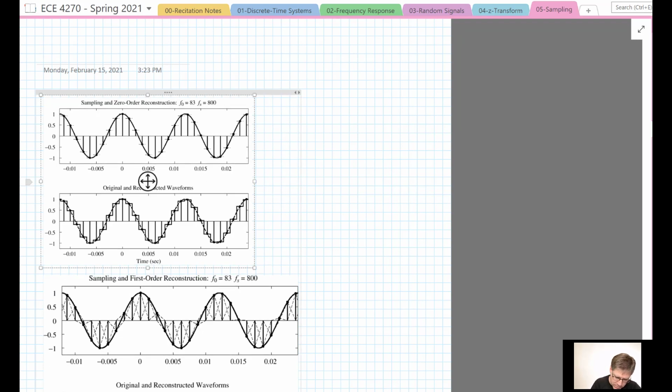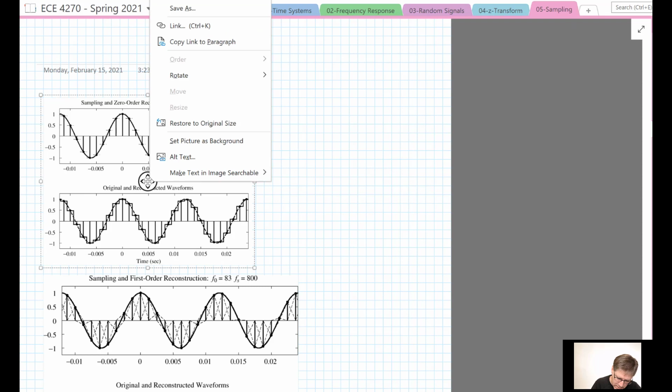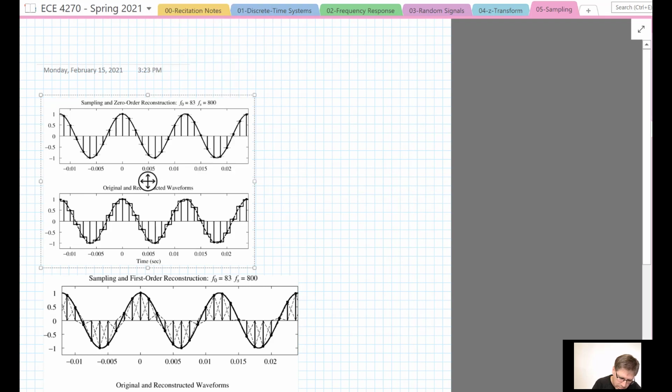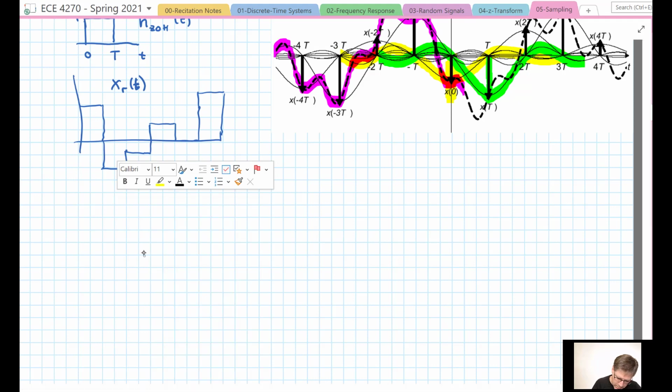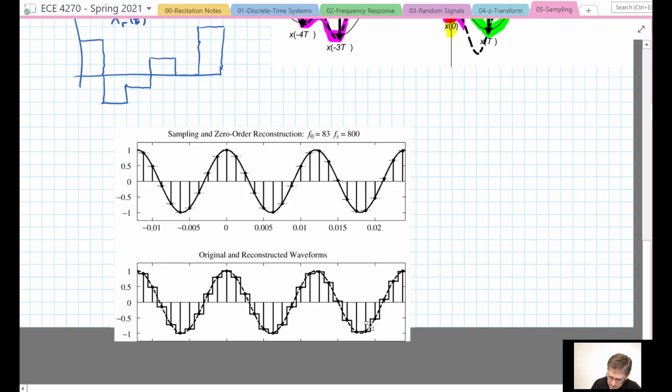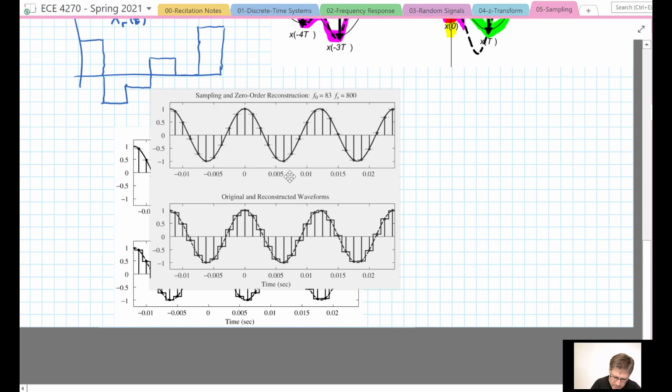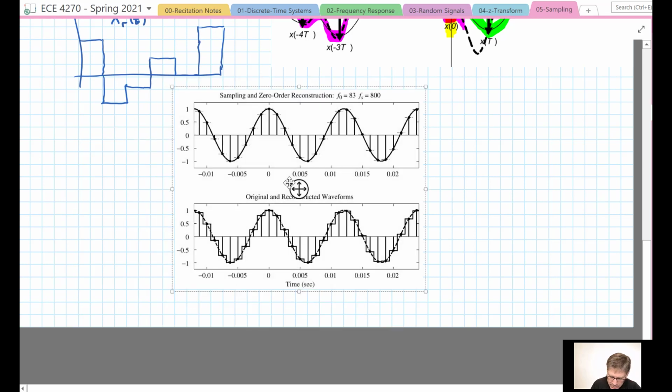I'll copy this onto the other page. So in this case, our reconstructed sample basically follows the contours.